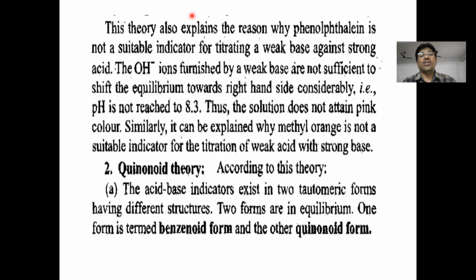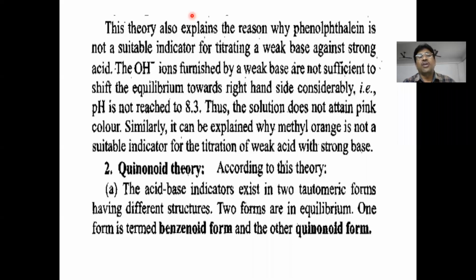In which case can we not use a suitable indicator? No indicator is suitable when weak acid is titrated against weak base. If weak acid is titrated against strong base, phenolphthalein can be used, because phenolphthalein is a weak acid and here a weak acid is there in the titration process.